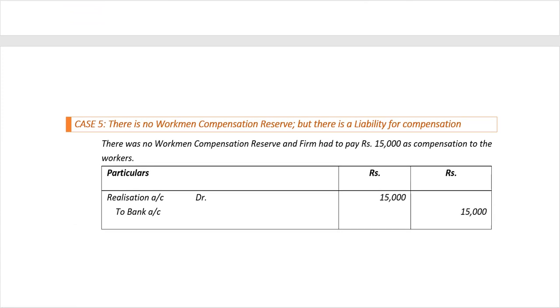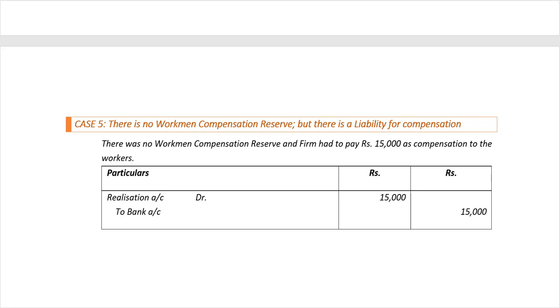The final case 5. There is no Workmen Compensation Reserve appearing in the liability side of the balance sheet, but the additional information says there's a liability for compensation claim payable. Example, there is no Workmen Compensation Reserve and the firm had to pay rupees 15,000 as compensation to the workers.